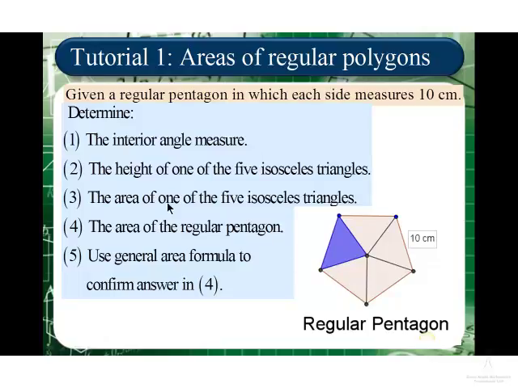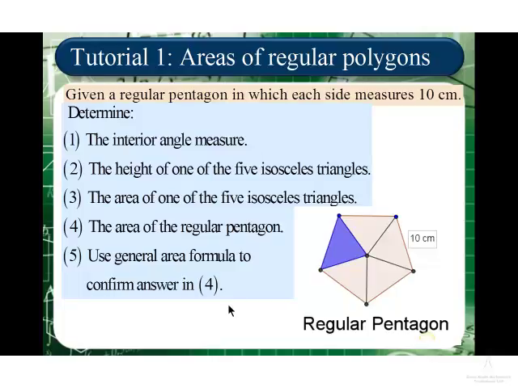Thirdly, the area of one of the 5 isosceles triangles, since they're all identical. Fourthly, the area of the regular pentagon as a whole. And finally, you have to use the general area formula to confirm your answer that you calculated in part 4 of this tutorial.